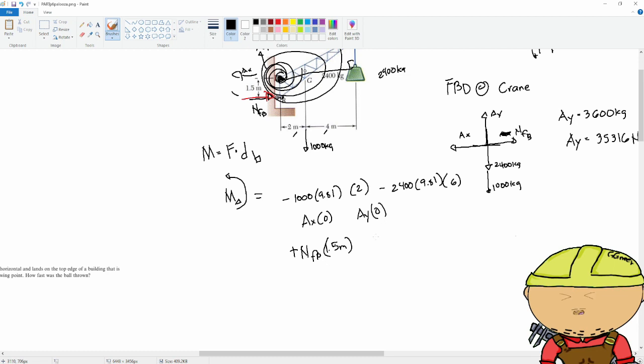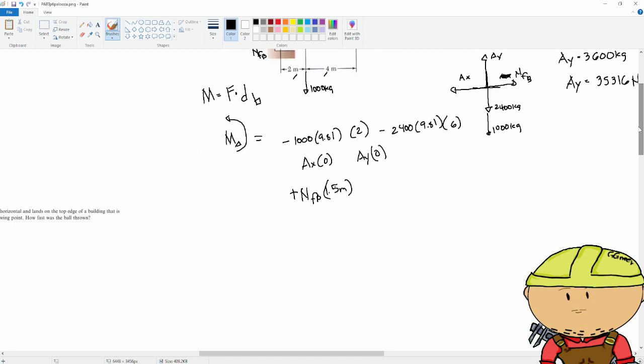What else? I think that's it. It's already positive, we don't need to transform it to newtons. The whole equation will be in newtons, and we're gonna be equating it to 0.